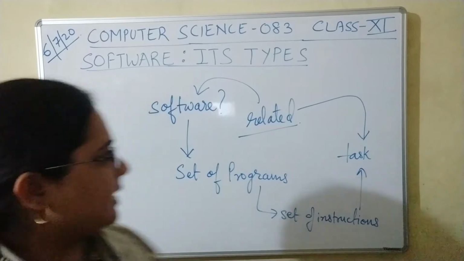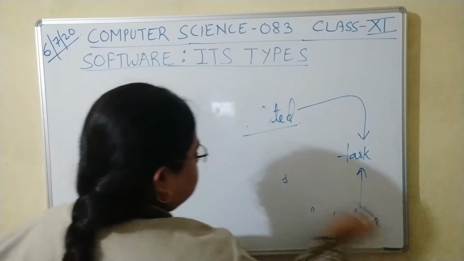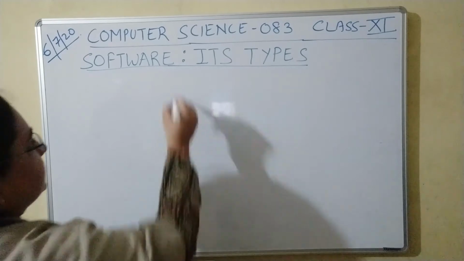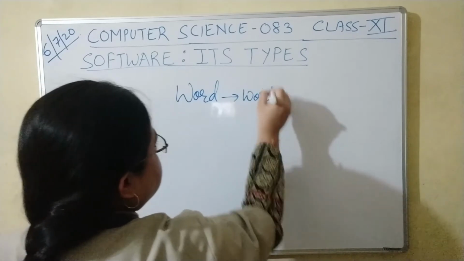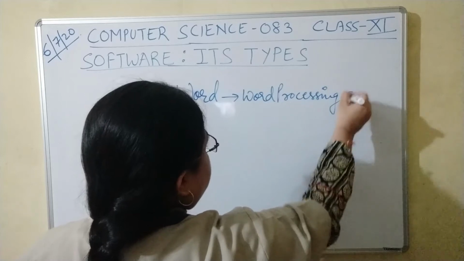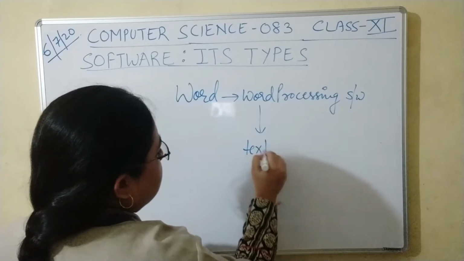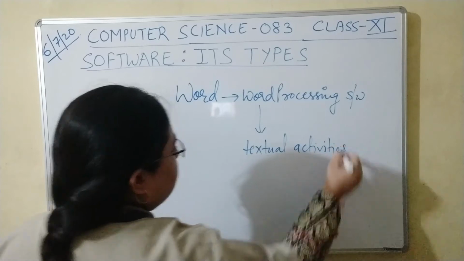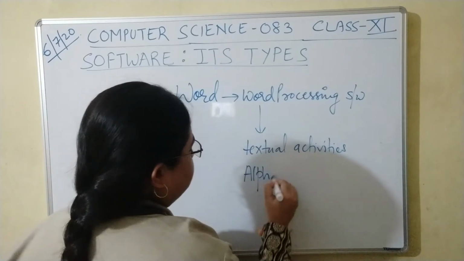If we take the case of a very common software like MS Word, or simply known as Word, this is a word processing software. What is a word processing software? A software which is used for performing all sorts of textual activities, activities involving processing text or anything which is made out of alphanumeric values.